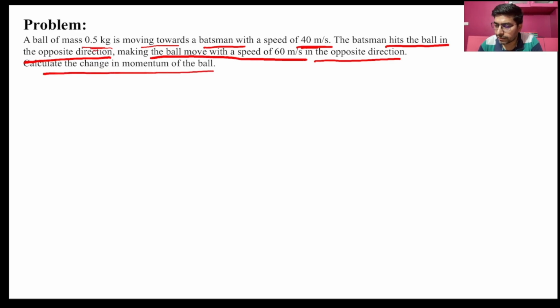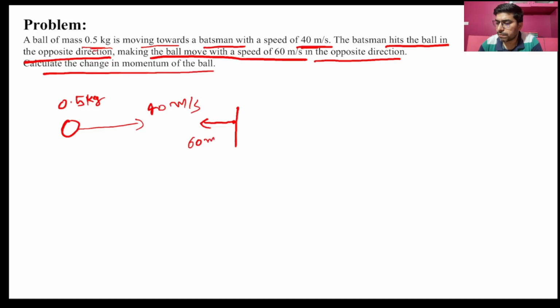So here what happened? A ball of mass 0.5 kg is moving, suppose in this direction, with how much? 40 meter per second, right? And it strikes, suppose this is the bat, and moves in just the opposite direction with a speed of how much? 60 meter per second.